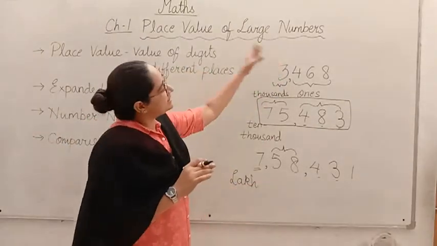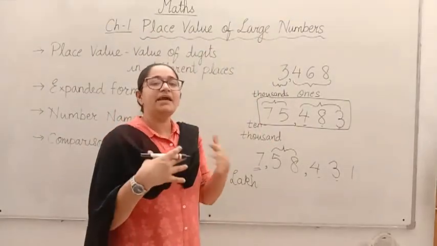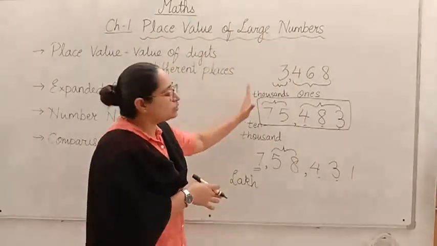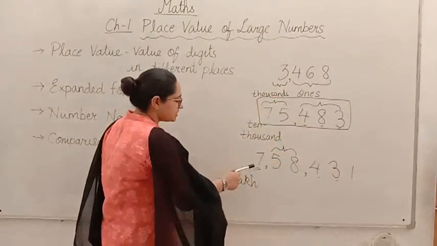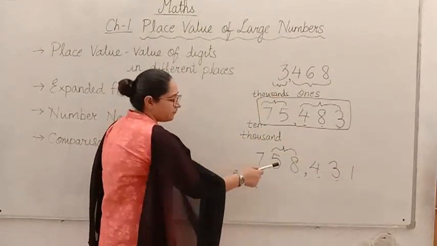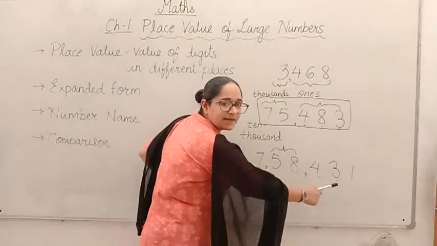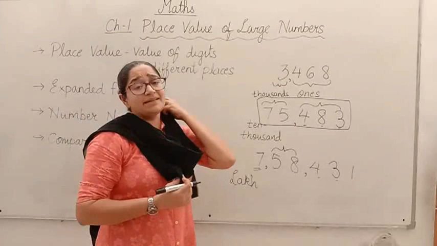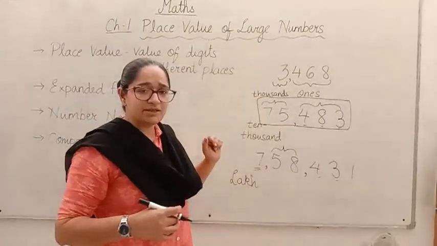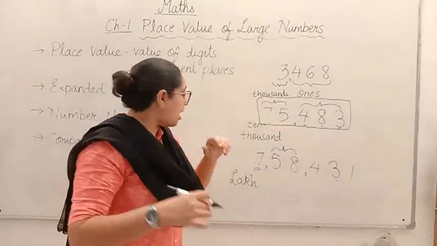Only since the digits are increasing, they have got their names, and so you read those numbers with those names. Okay. So this number is 7,58,431. So when I say write the number name for this number, how you do that?